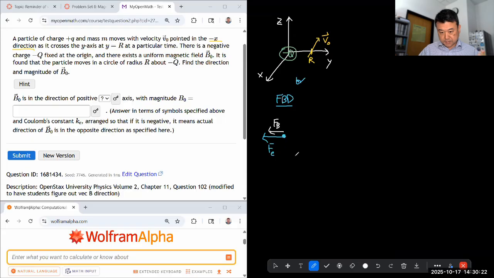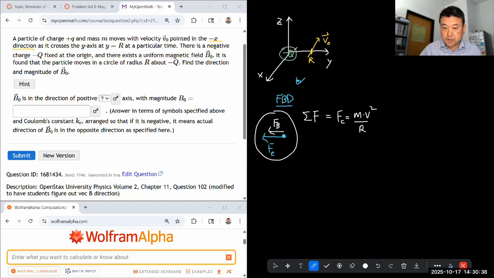So with this, really the relationship I'm looking for is that when I calculate the net force, the sum of all the forces, that should give me the centripetal force, which will be mass times v squared over r. And I think the way it's set up here, both the electric force and magnetic force, almost by its property, shouldn't be changing the tangential velocity of the particle.